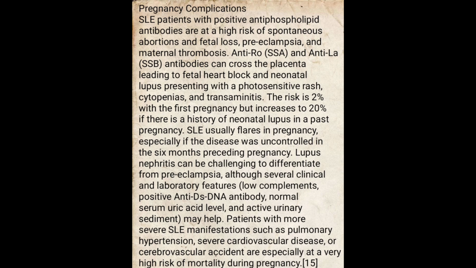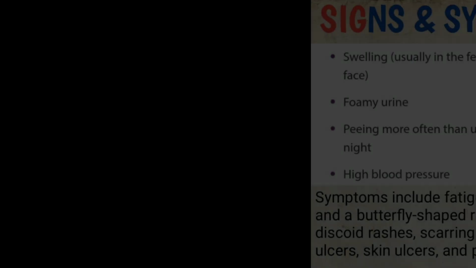So there are certain tests that you would usually do, and these are listed, including the rhesus antibody. The risk is 2% with first pregnancy, but increases to 20% if there is history of neonatal lupus in a past pregnancy.